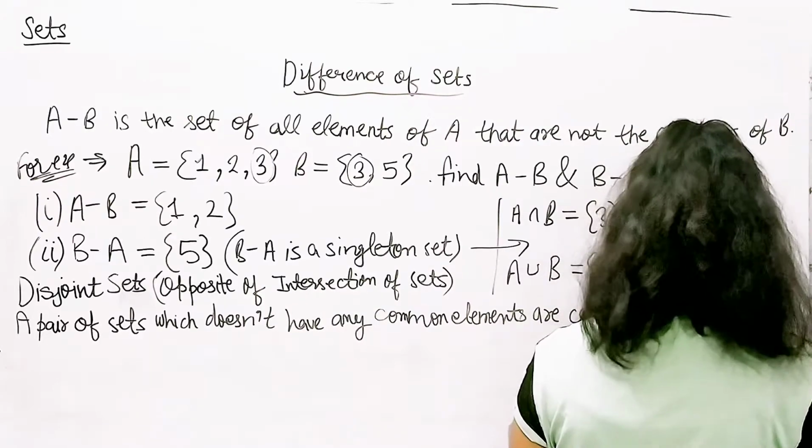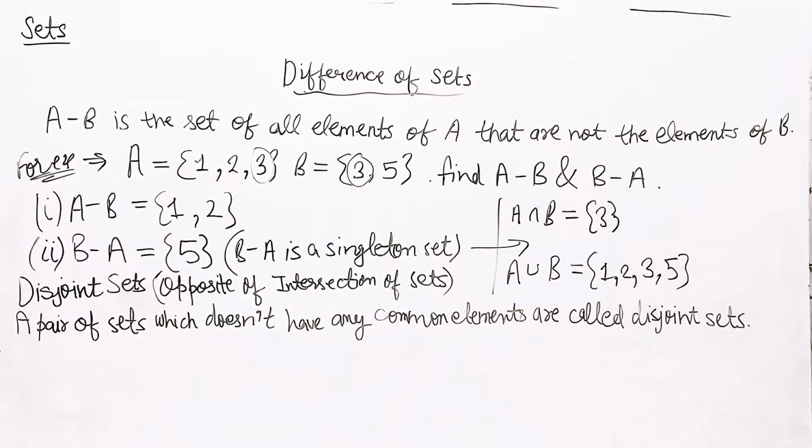Okay, that is the small statement that I wanted to write. A pair of sets which doesn't have any common elements are called disjoint sets.